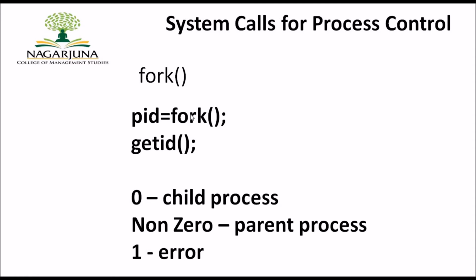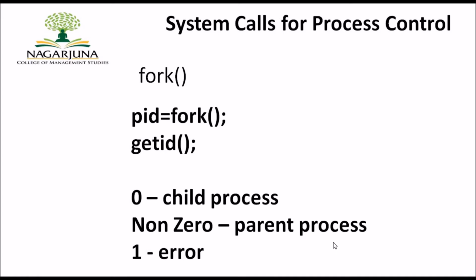As a new process is created, which we consider the child process of a parent, it returns 0 to the child process, and it returns a non-zero value to the parent process. That means on successful execution of fork, it returns two basic values: 0 to the child process, and a non-zero value to the parent process.